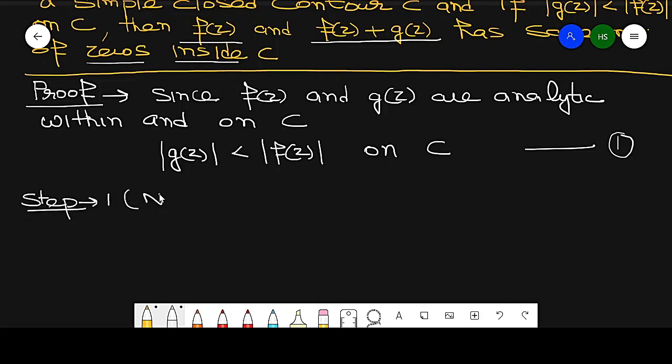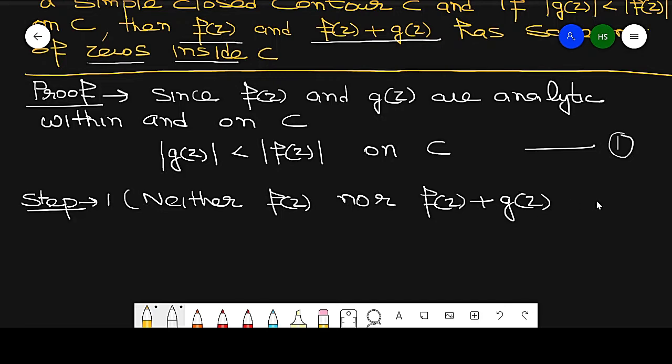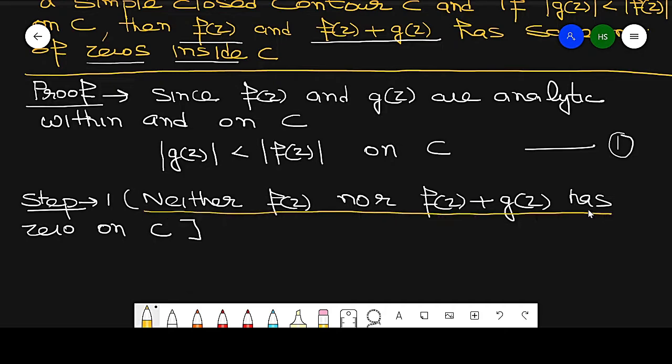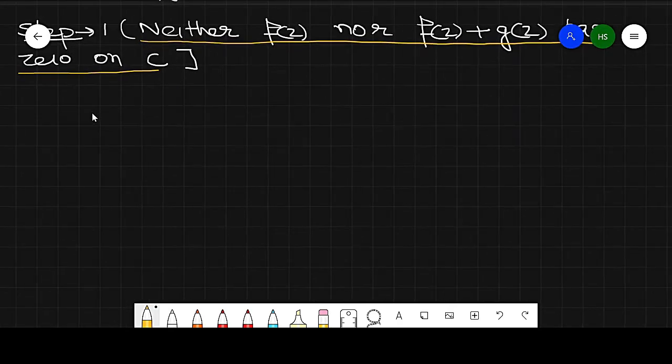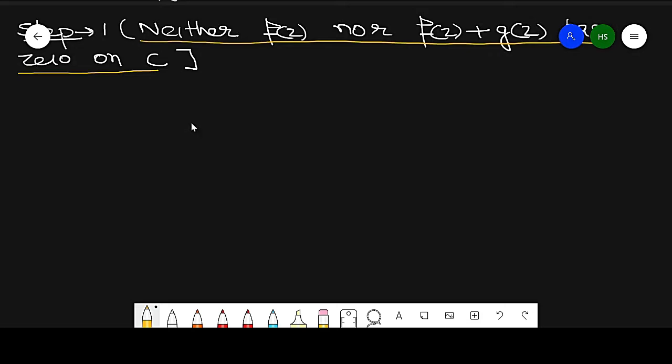Neither function f(z) nor f(z) plus g(z) has 0 on C. It means first I want to prove that f(z) and f(z) plus g(z) have no 0 on C, not inside, on C. That is my first step, because I want to prove that all the zeros are inside C. So first I would like to prove that neither f(z) nor f(z) plus g(z) has any 0 on C.